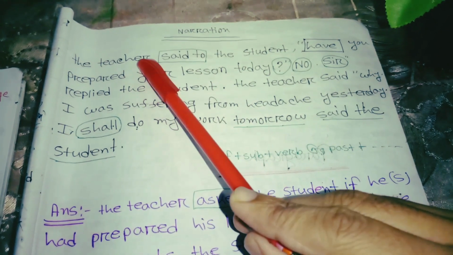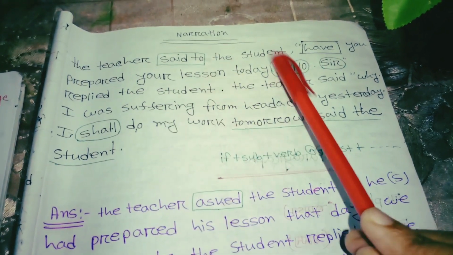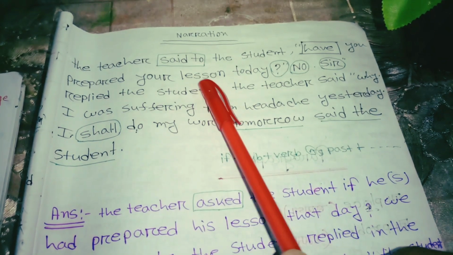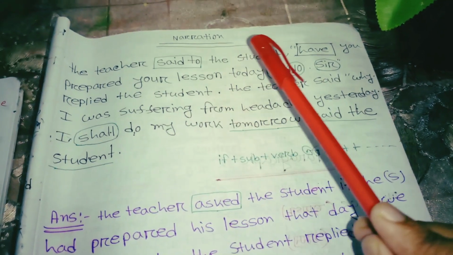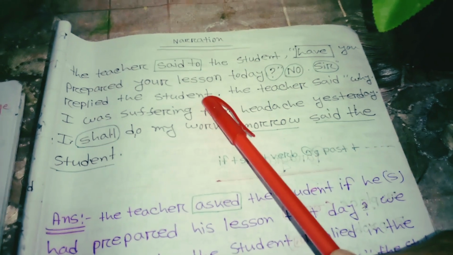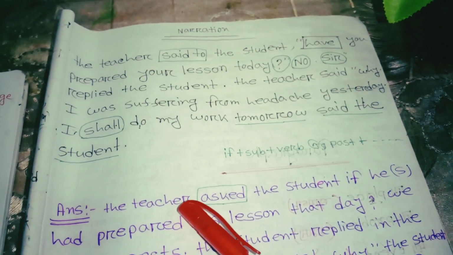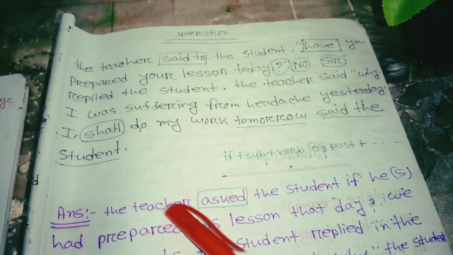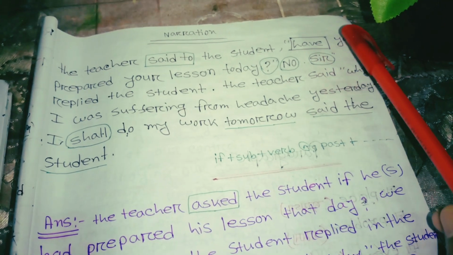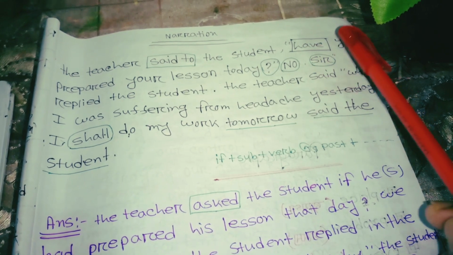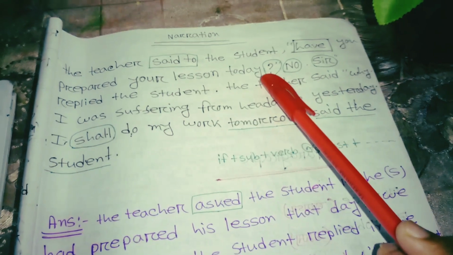In this first line, the teacher said to the student, "Have you prepared your lesson today?" So here the teacher asked the student a question. So you have to firstly clarify the person. The teacher asked the student, and then the question is, "Have you prepared your lesson today?"